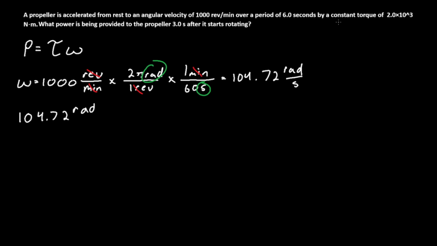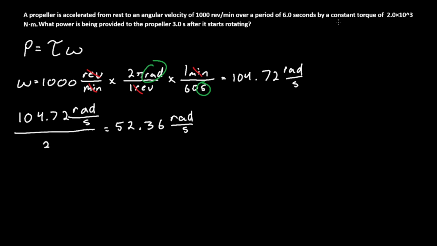So your angular velocity after 3 seconds is 52.36 radians per second.